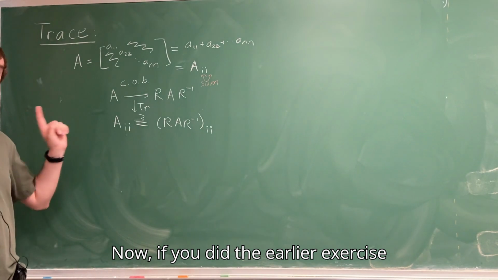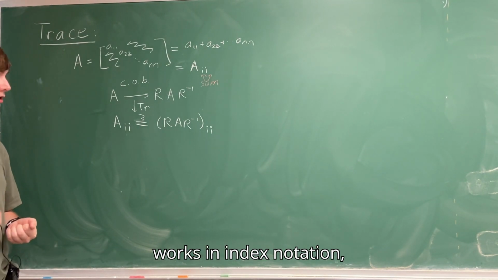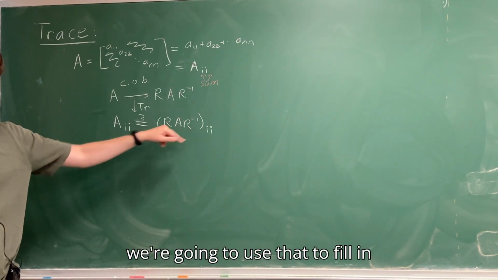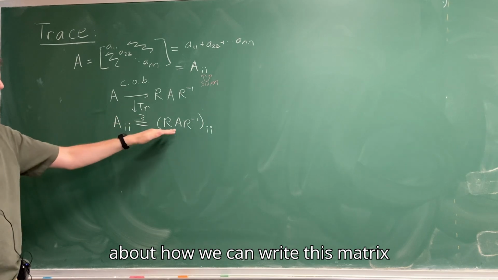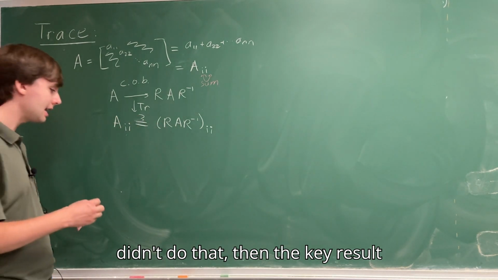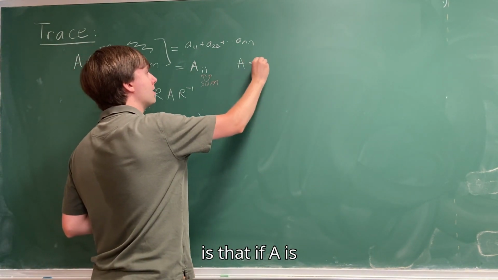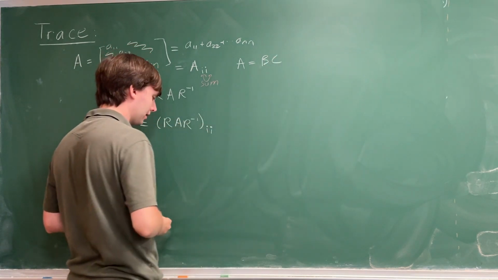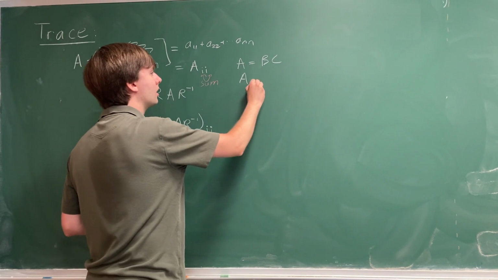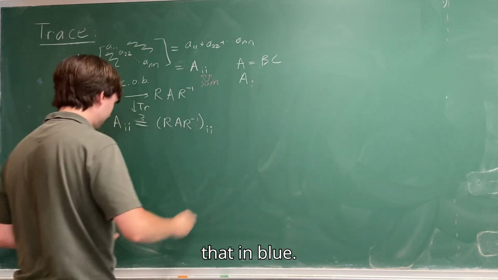Now, if you did the earlier exercise about proving how matrix multiplication works in index notation, we're going to use that to fill in how we can write this matrix multiplication in index notation. If you didn't do that, then the key result is that if A is equal to BC, then A sub IJ, let me do that in blue.